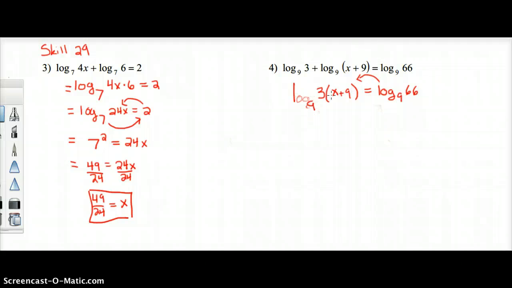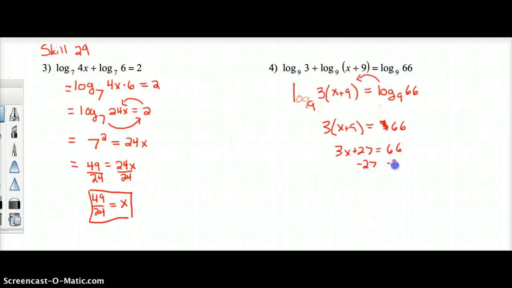Because if both sides are taking the log base 9s of some quantity, and both sides are equal to each other, then I can conclude that 3 times x plus 9 is just going to equal 66. I can distribute to give me 3x plus 27 equals 66.